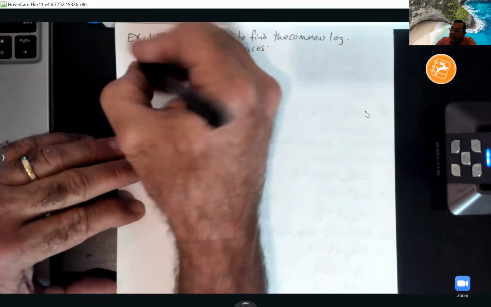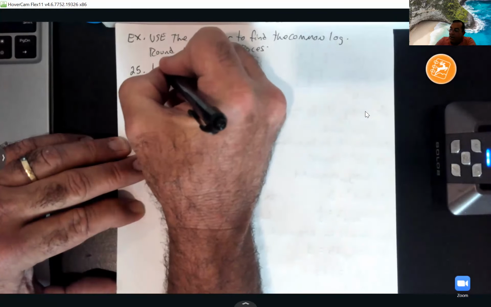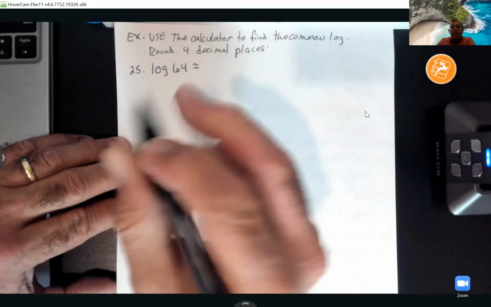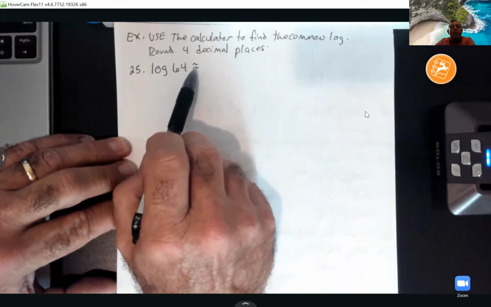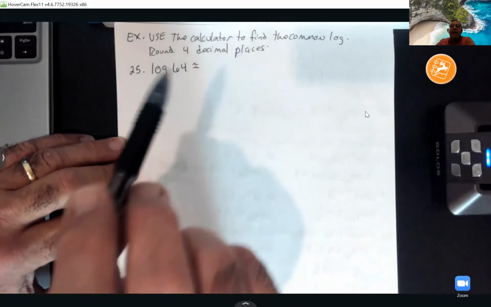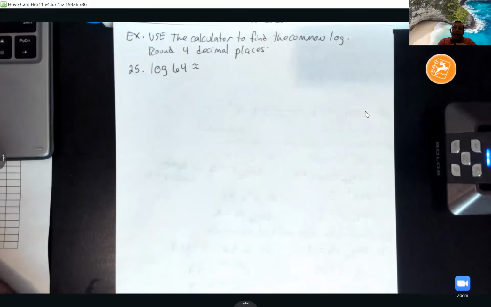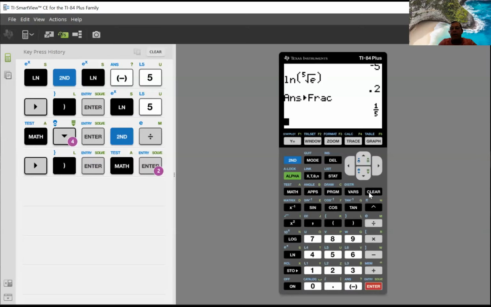So 25, they want us to figure out the log of 64. Now I'm using curvy equal signs because I'm approximating my answer to 4 decimal places. So what I'm going to do is go find that calculator. And y'all, right on the front by the 7 is my log button.